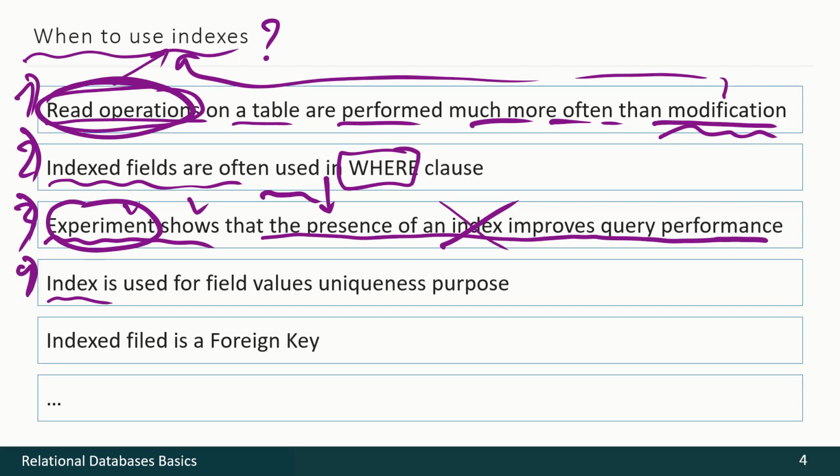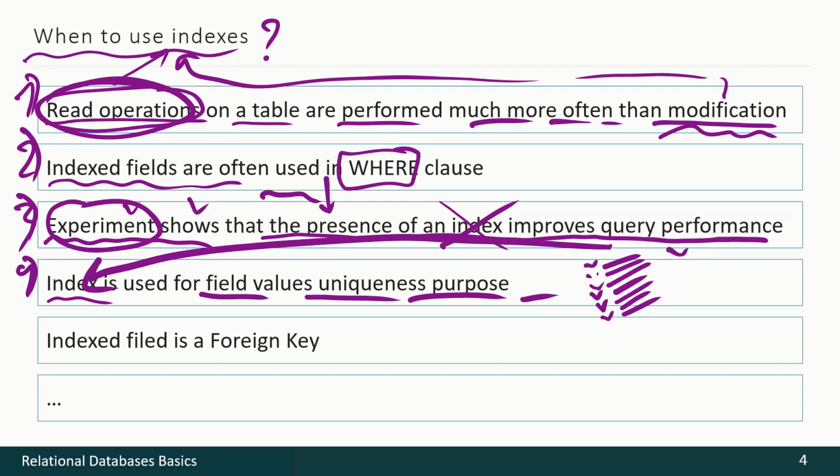You should use an index for field value uniqueness purposes. Because when we have a lot of unique values and we add another value, the DBMS should check that value against everything that's already in the table. So here the index will help the DBMS increase the speed of that operation.